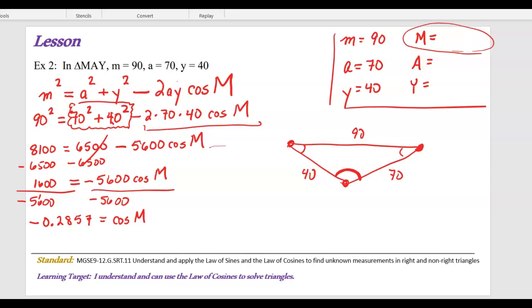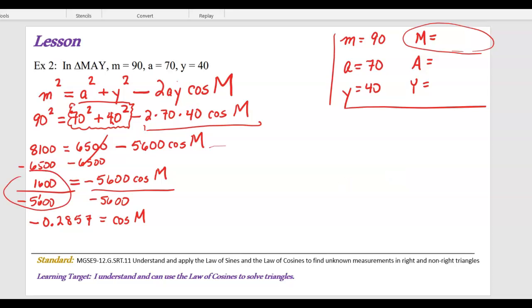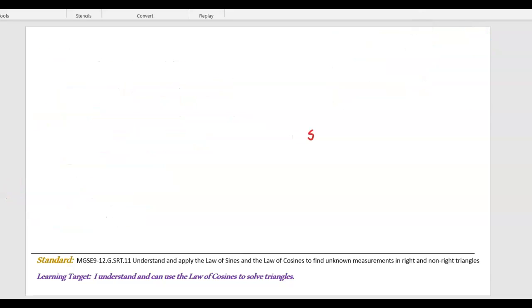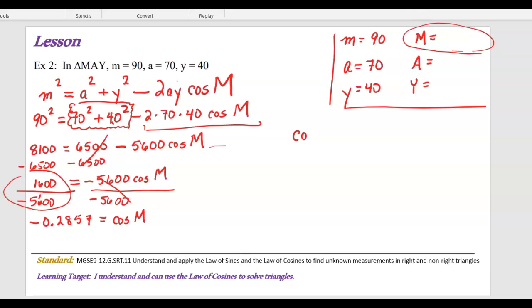And here's what I would do. You don't have to, but if you want to be really accurate, you can leave this fraction alone, meaning when you divide out the negative 5600, and generally I do this. You don't have to, and most instructional videos I've seen don't do this, but I think it's nice to just leave it as this.